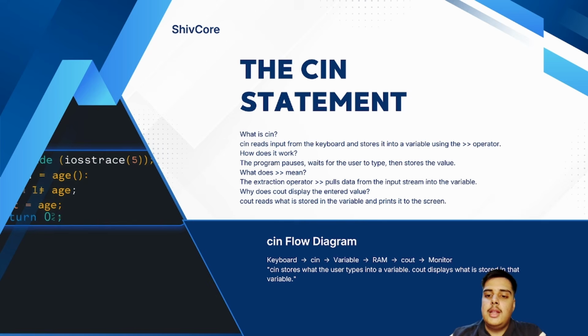RAM means storage, and then cout displays the output on the monitor through the terminal. So cin stores what the user types into a variable. Cout displays what is stored in that variable.